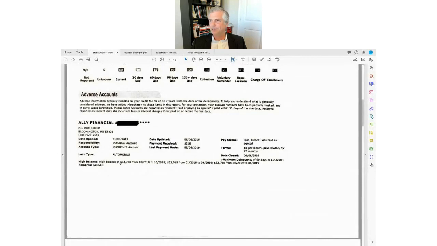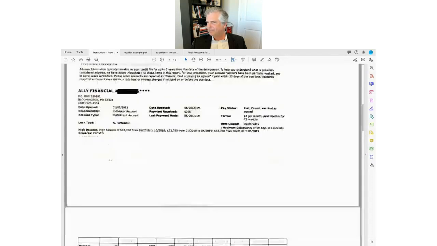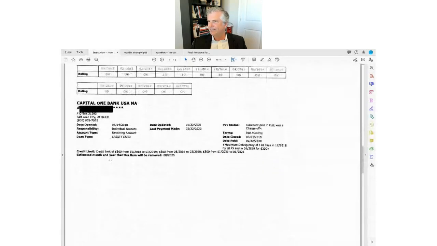The high balance was $33,000 from October to October. Then here's Capital One, credit limit, $500 from October 2018 to January 2019, $500 from March 2019 to February 2020, and then $500 from January to January.